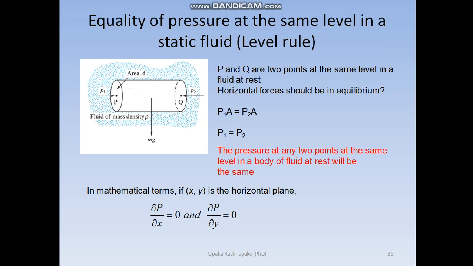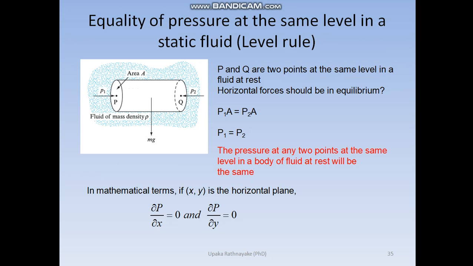However, we have to look at 3 conditions and satisfy them in applying the level rule. The first is same level. Okay, we are considering only the same horizontal level. The second one is it is the same liquid. So 2 points at the same horizontal level which are in the same liquid.